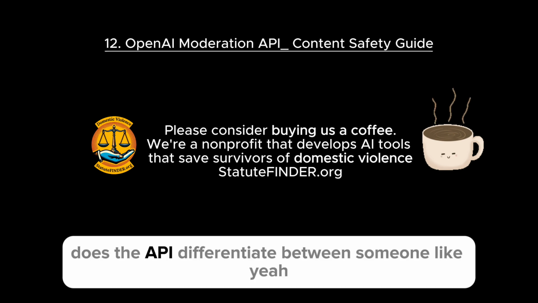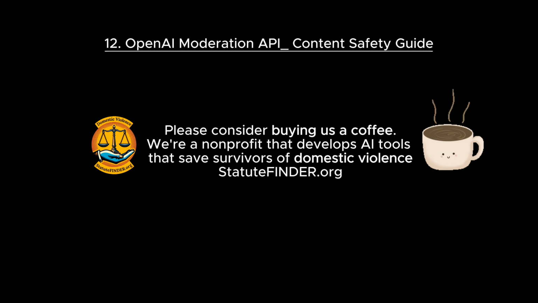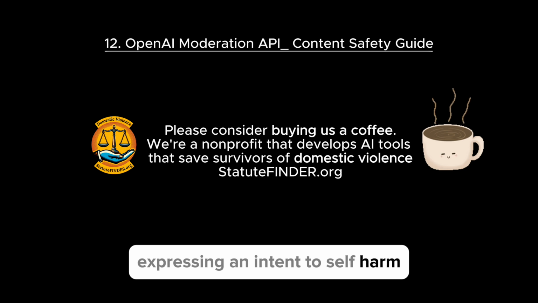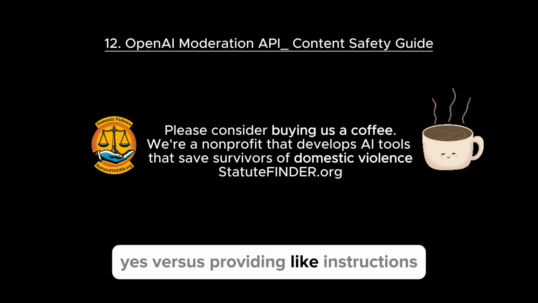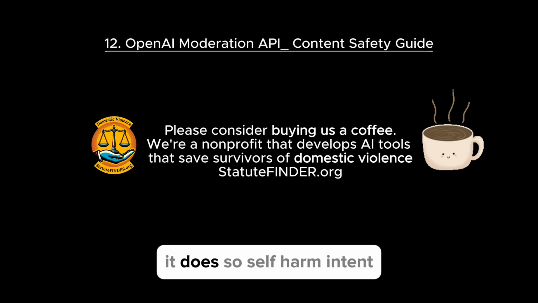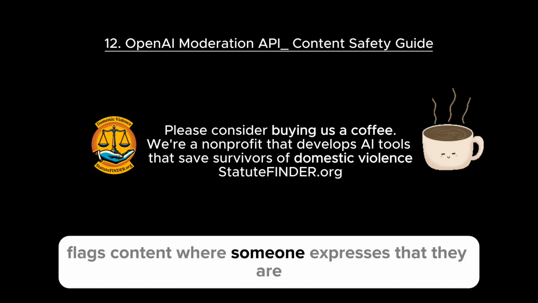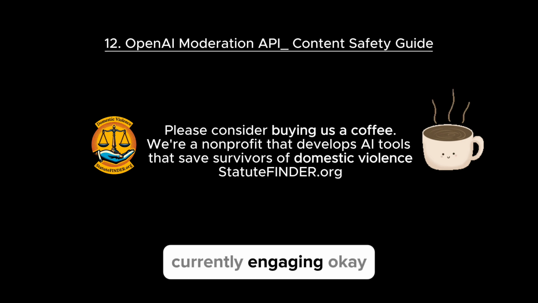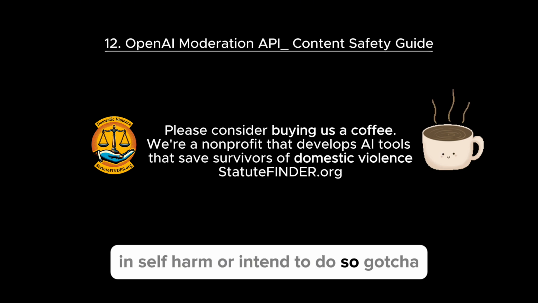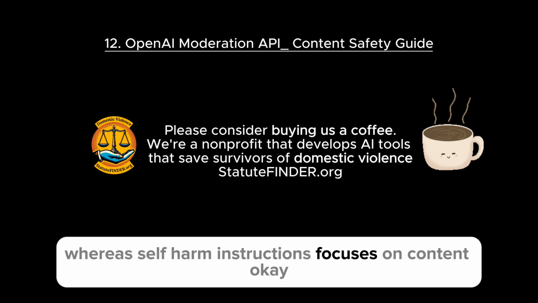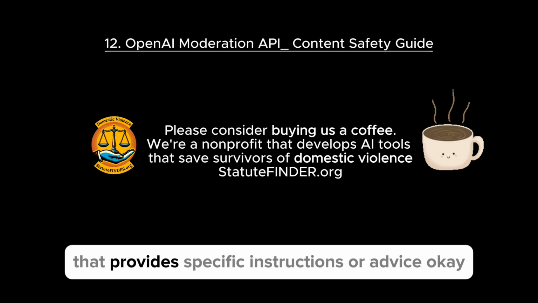Does the API differentiate between someone expressing an intent to self-harm versus providing instructions on how to do it? It does. Self-harm intent flags content where someone expresses that they are currently engaging in self-harm or intend to do so. Whereas self-harm instructions focuses on content that provides specific instructions or advice.